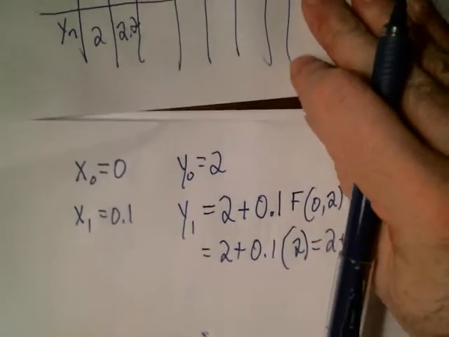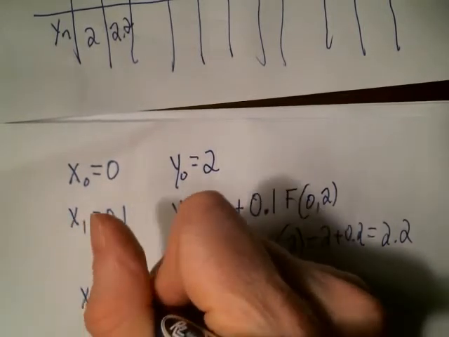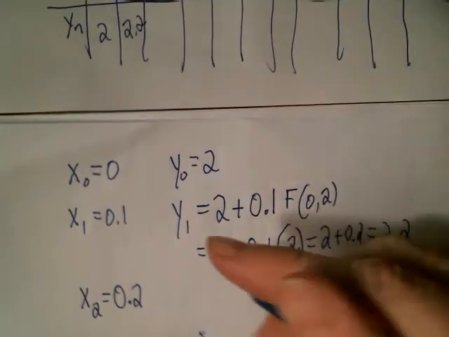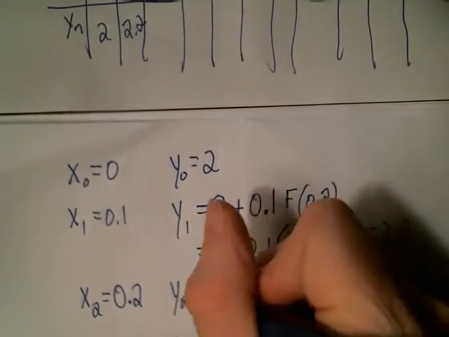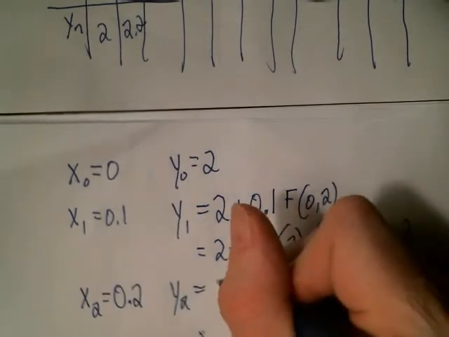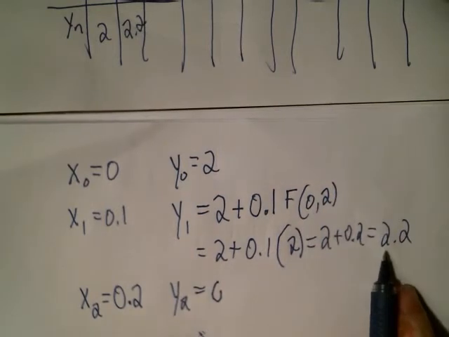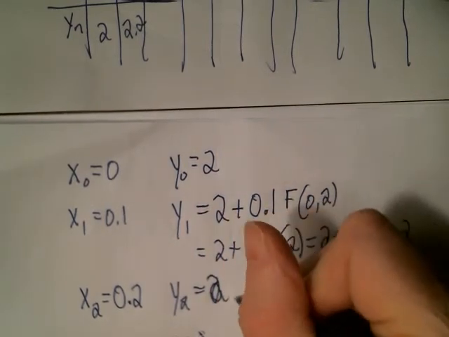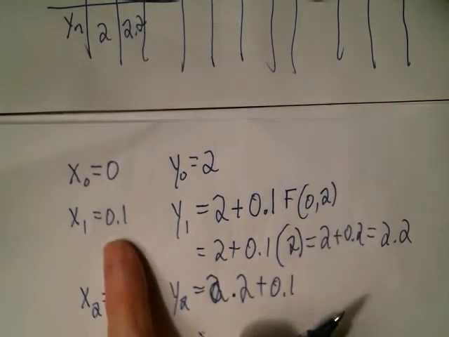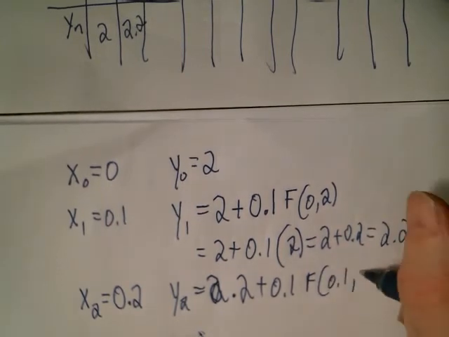So it can be a little slow going, especially if you have to do a huge one. And if you make a little mistake in the beginning, oh my gosh, it's really annoying. And so again, for y2, I use the previous point. So y sub 1 is 2.2 plus 0.1 times f of 0.1 comma 2.2.